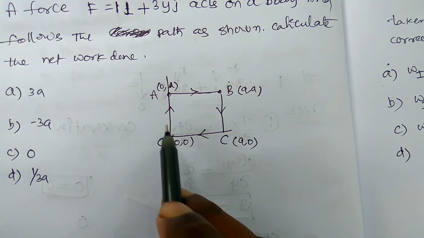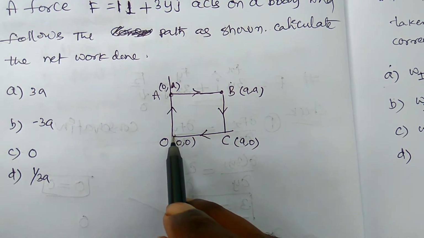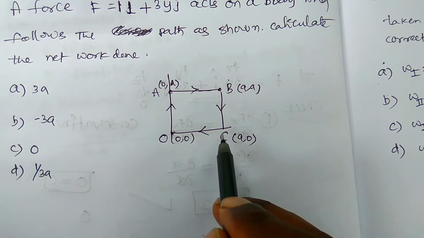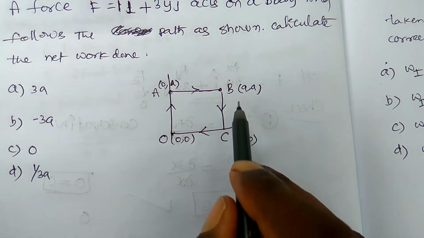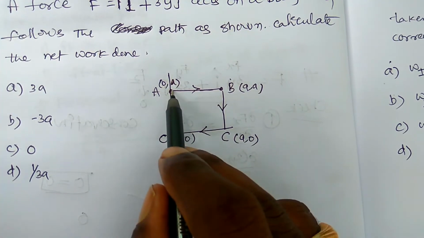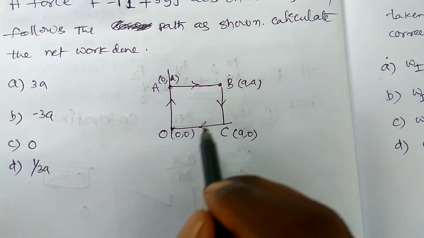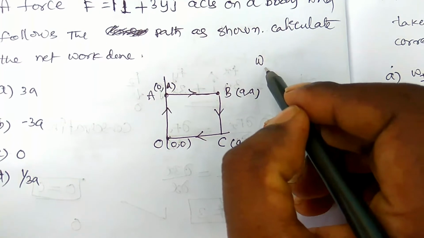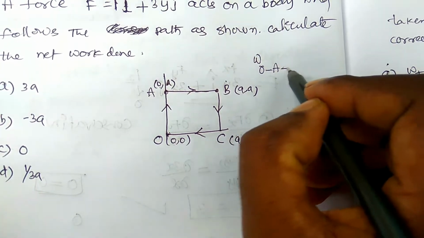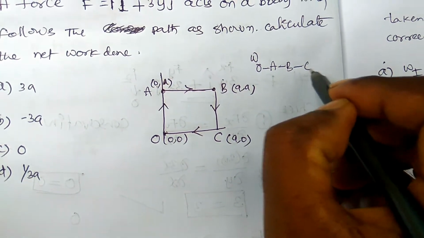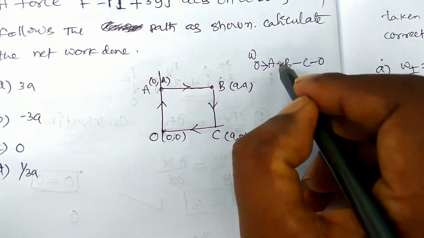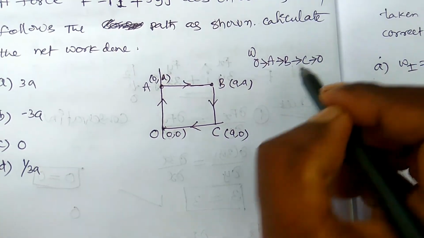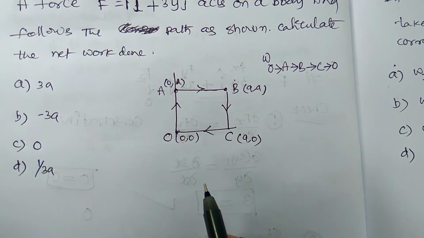So this is the path followed by the object, that is, the origin point is 0, 0, point C is a, 0, B is a, a, and point A is 0, a. So it is moving from O to A, B, C, and back to O. This is the work done along this path from the diagram.